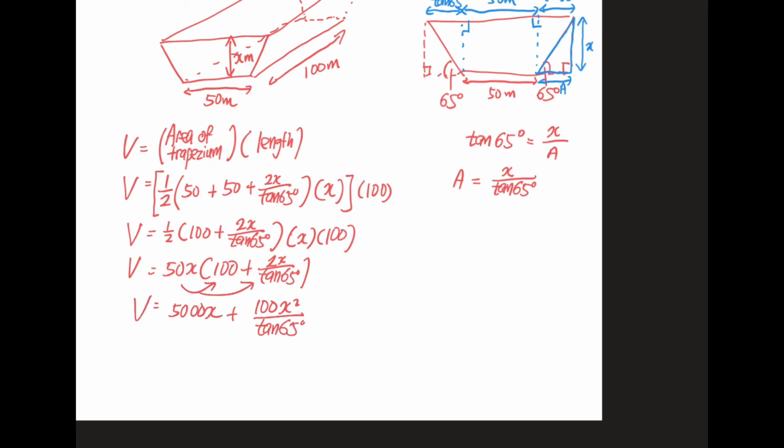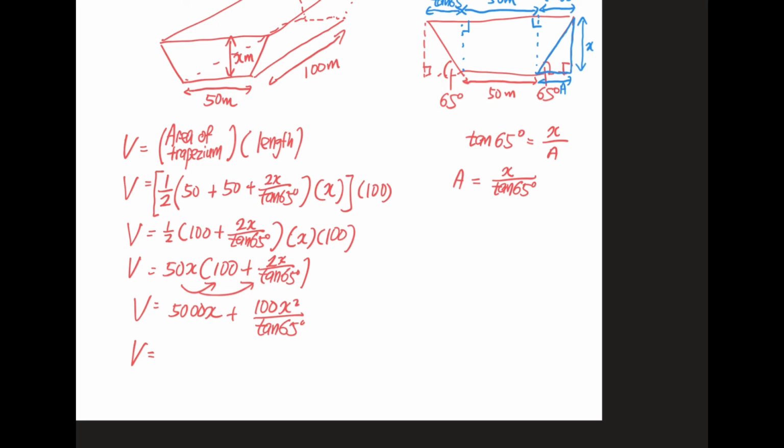So it looks like this if we want the exact form. But if I change it to decimal, let's say I press the calculator for 100 divided by tangent 65 degree, I get 46.63.